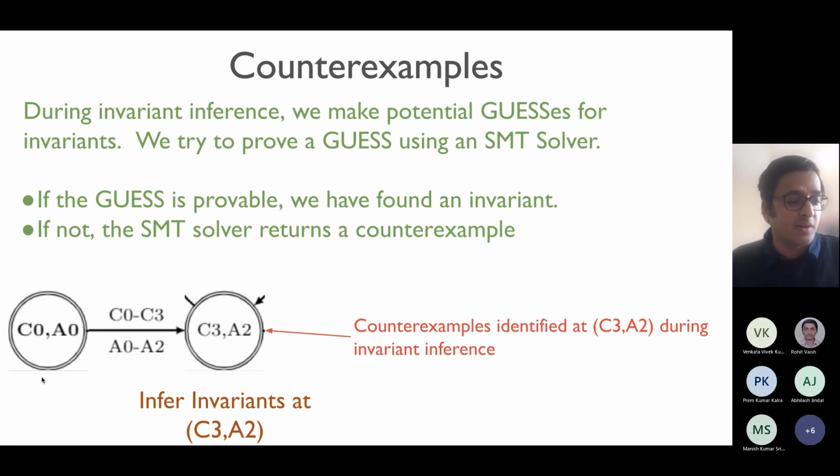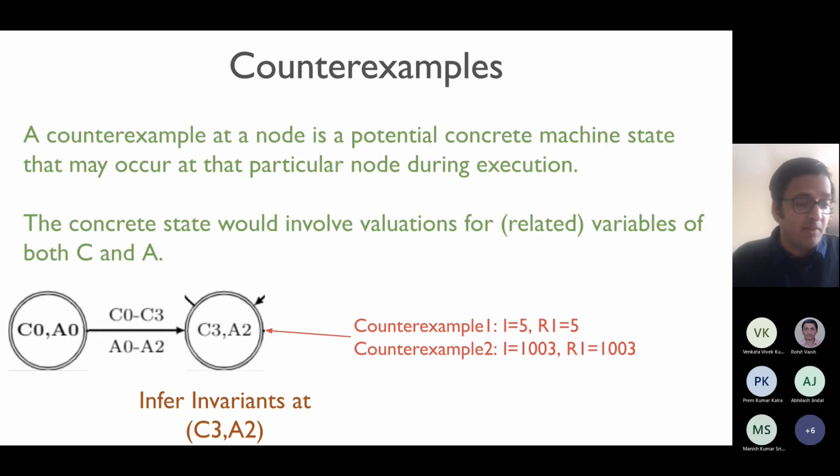If it does not hold on some incoming edge, then we obtain a counterexample from the SMT solver, and that counterexample at a node, that's the important thing, represents a potential concrete machine state that may occur at that particular node during execution. So in a way, what could have actually occurred during actual execution is being inferred automatically using these SMT solvers. So counterexamples are basically being used as a proxy for execution traces here.